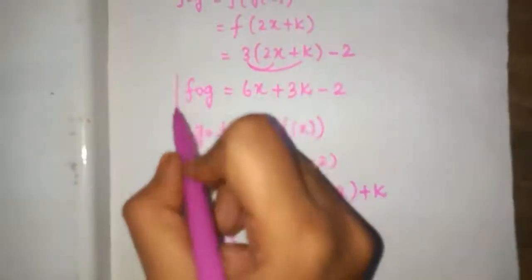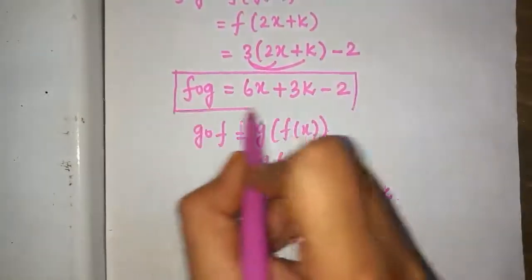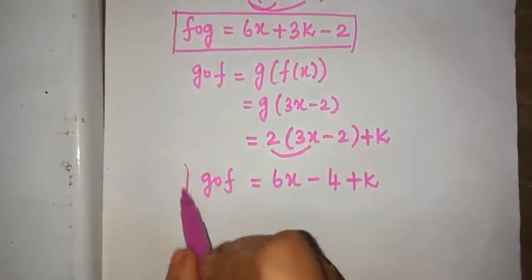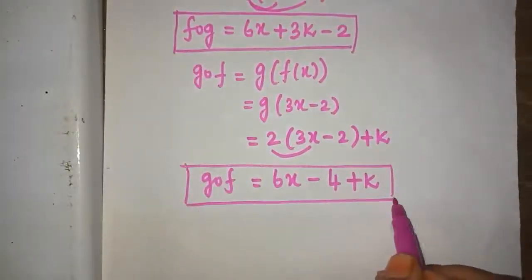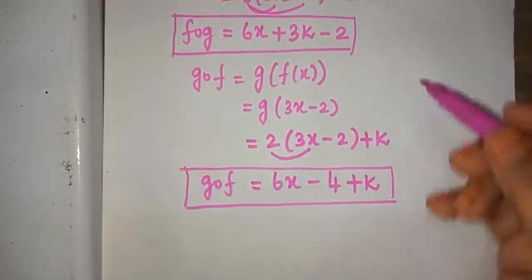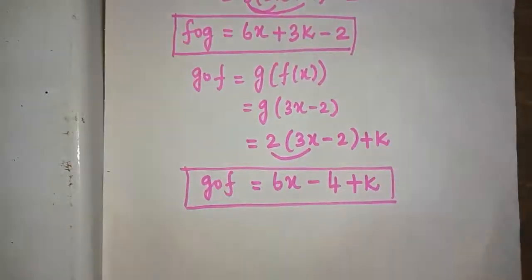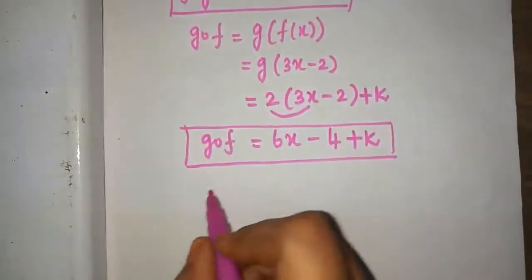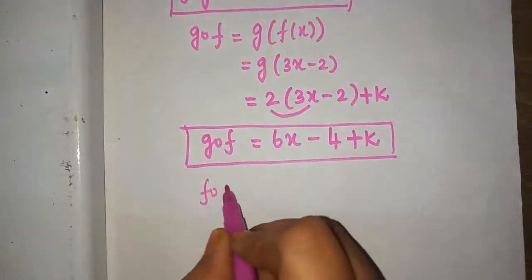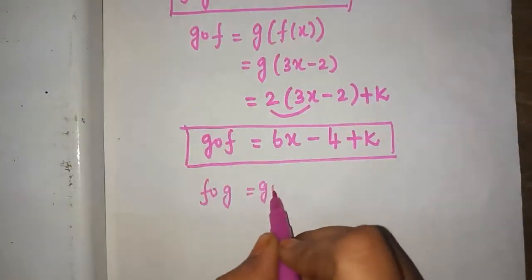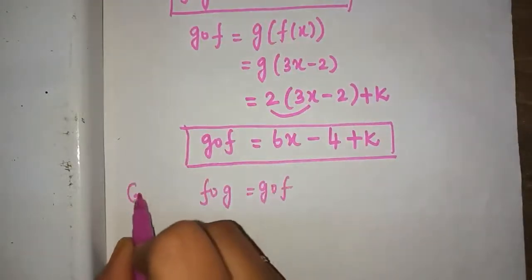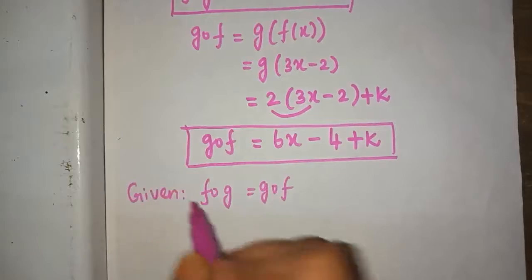Now we have found the value of f composite g and g composite f. The next step is you have to equate these two compositions of function. So f composite g is equal to g composite f, which is given in the question.